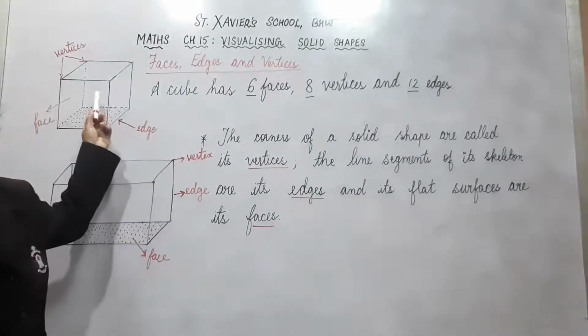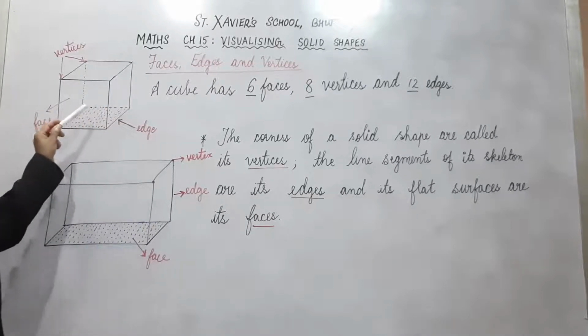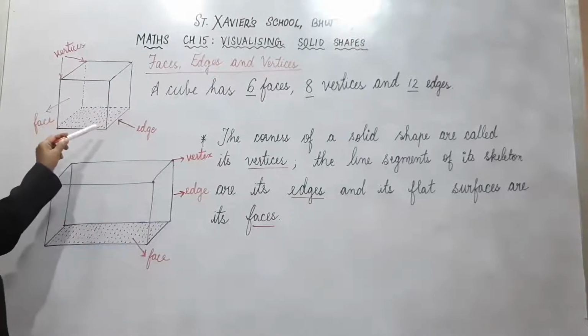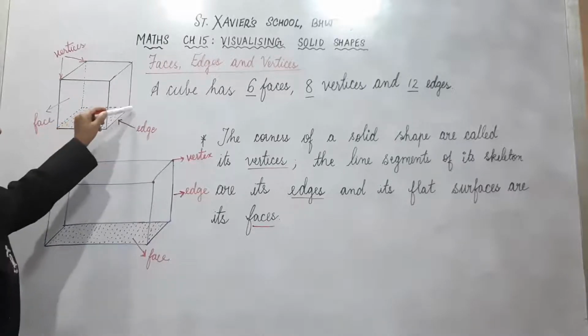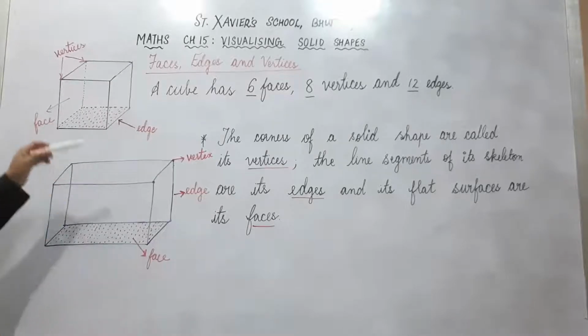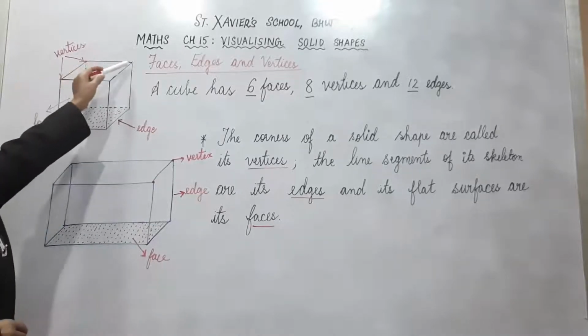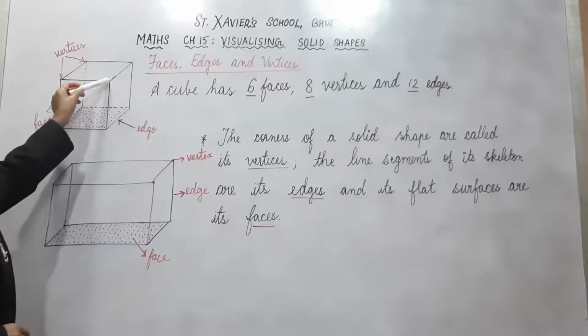This is a cube. Look at this figure. It is a solid shape which has length, breadth and height. This is length, this is breadth and this is height. Now the corners of the solid shape. This is 1, 2, 3, 4. How many corners does it have?